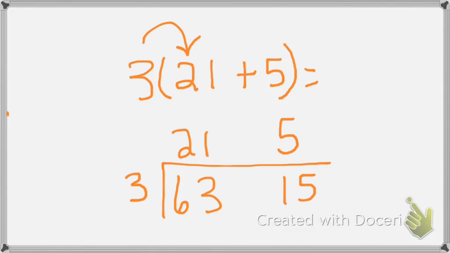What's that give us? 63. And 3 times 5? 15. Did we get our addition problem back out of the distributive property? Yes, so we can say that our answer is more than likely correct.